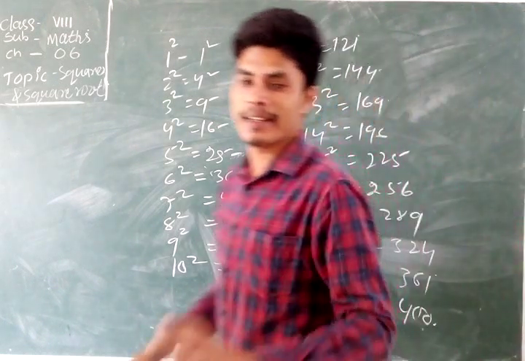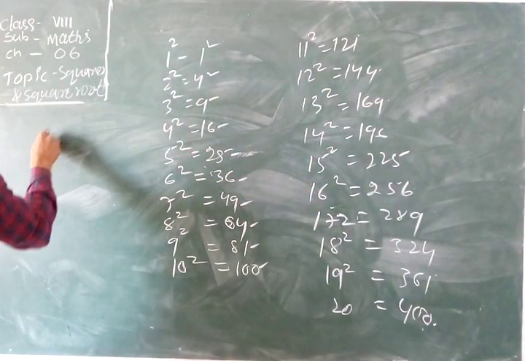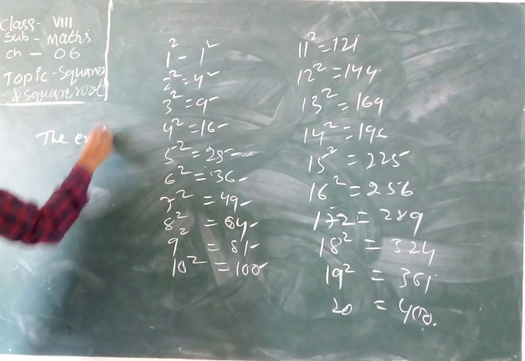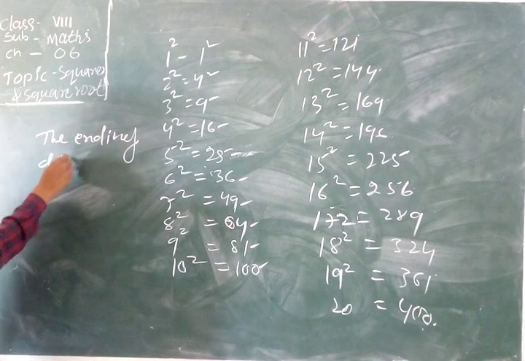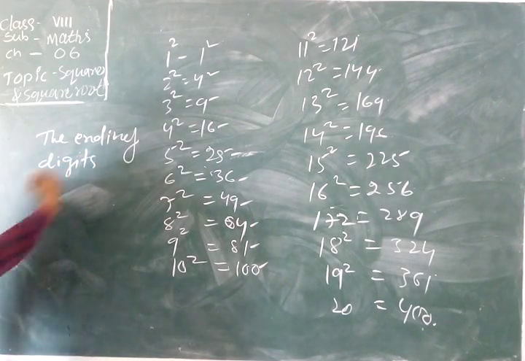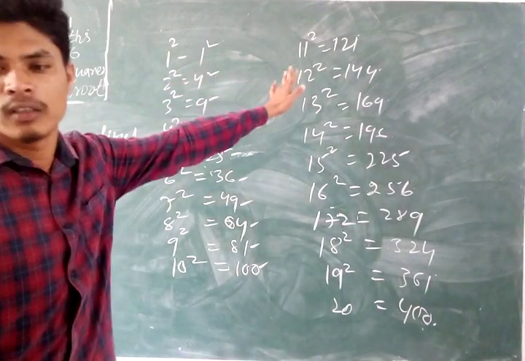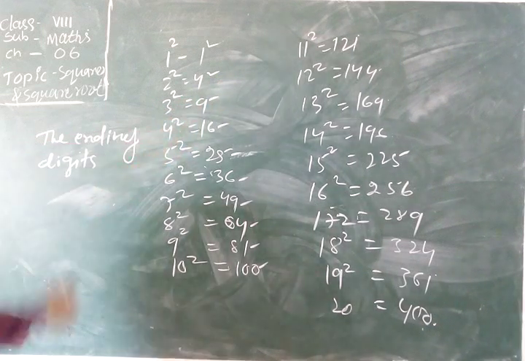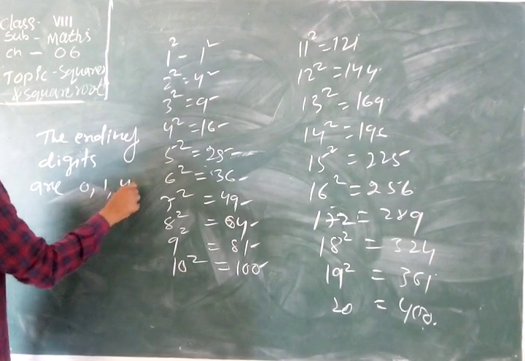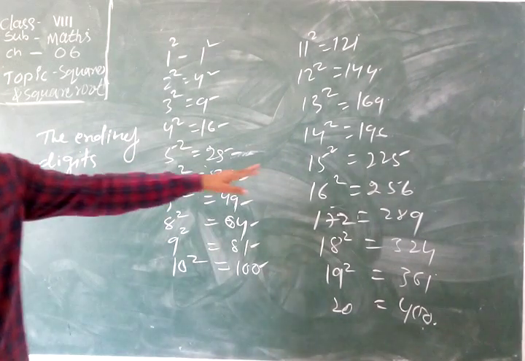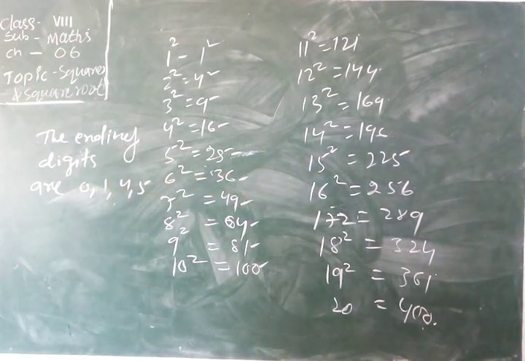That means the ending digits of square numbers are 0, 1, 4, 5, and after 5, 6 or 9.